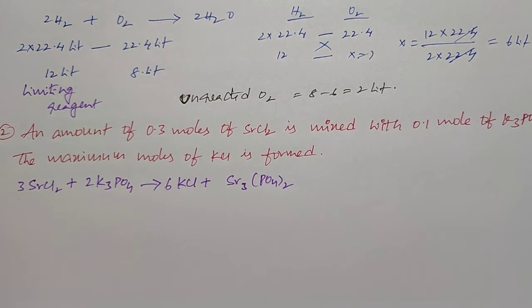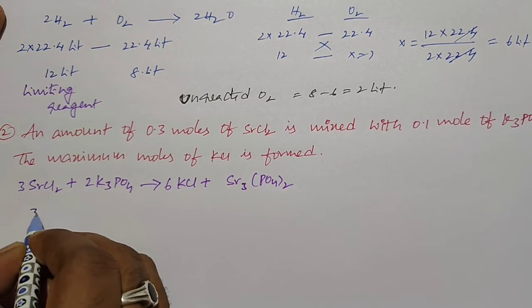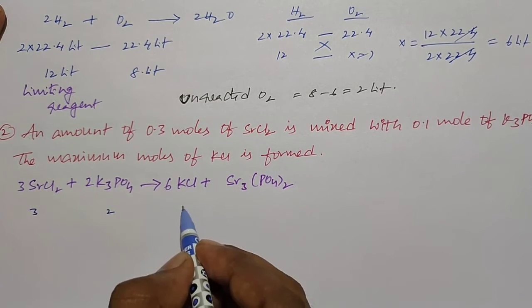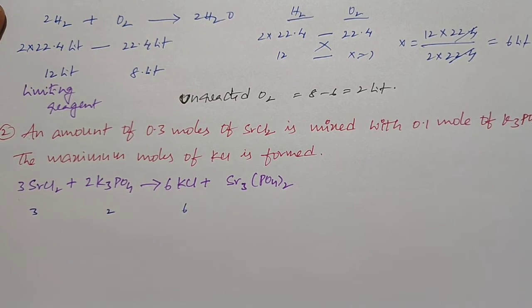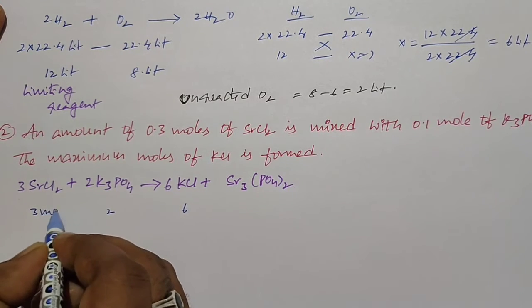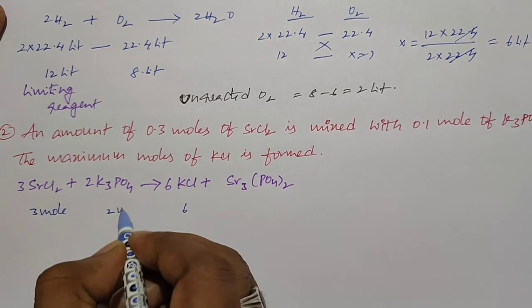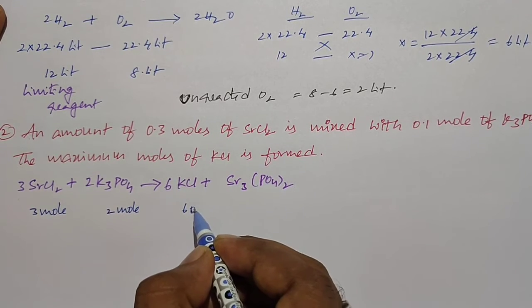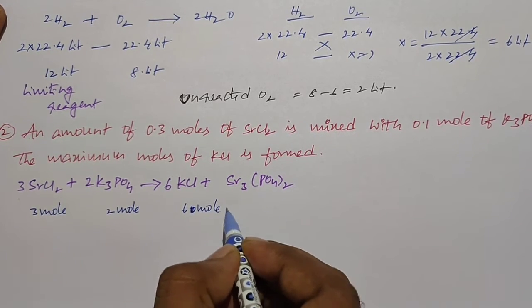As per the reaction, 3 moles of strontium chloride combine with 2 moles of potassium phosphate and give 6 moles of potassium chloride.